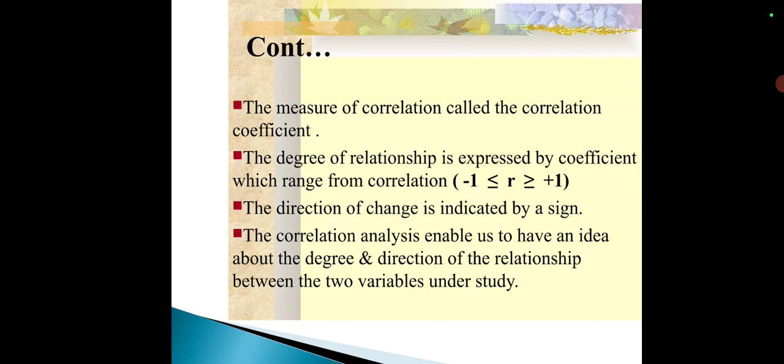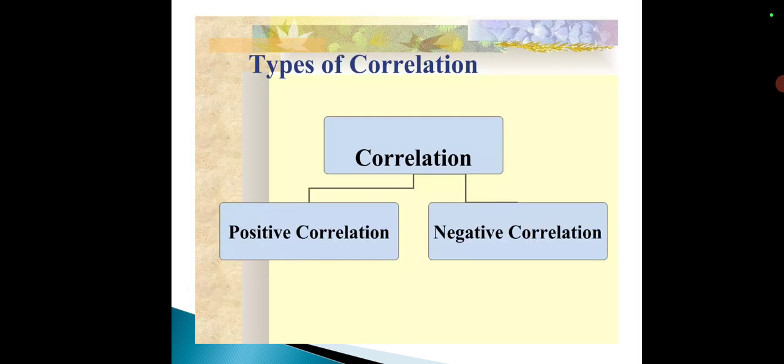The degree of relationship is expressed by the coefficient of correlation, which ranges from -1 to +1. The direction of change is indicated by a sign. Correlation analysis enables us to have an idea about the degree and direction of the relationship between the variables under study.